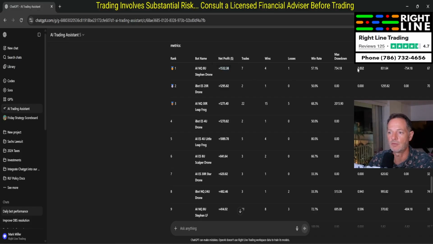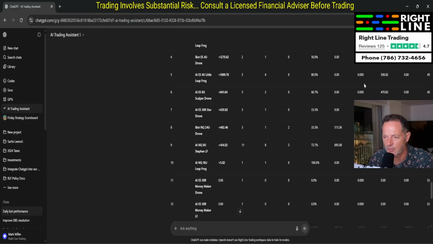So it's kind of like a 2-to-1 risk-to-reward ratio. In this case, I didn't lose any trades on this particular one. It took 2 trades. One must have been the other one got closed, probably for a little bit of a profit. So that didn't have any losers. Looks like we had a few that didn't have any losers.